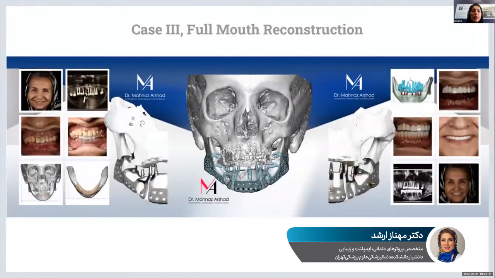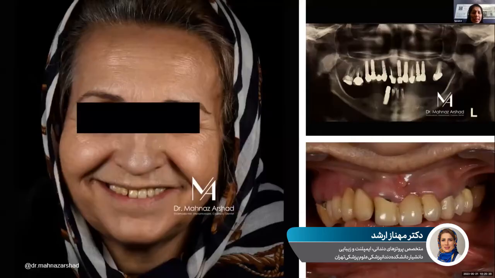This is another full mouth reconstruction patient, just for the mandibular reconstruction. The patient came to our office from Canada, a woman about 67 years old, and you see the resorbed mandibular jaw.